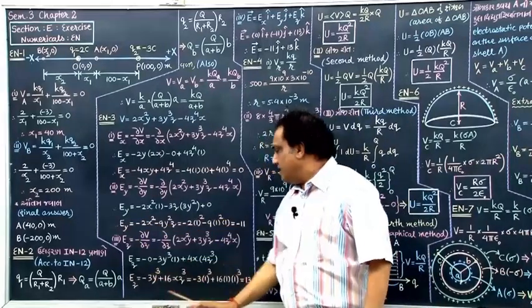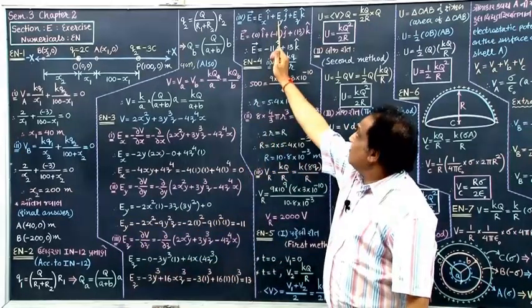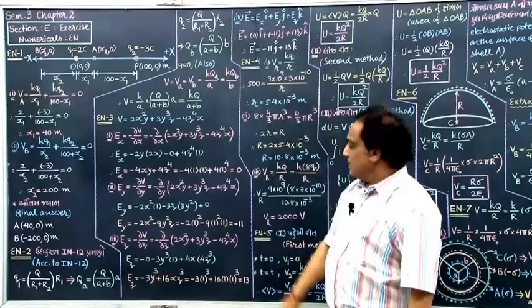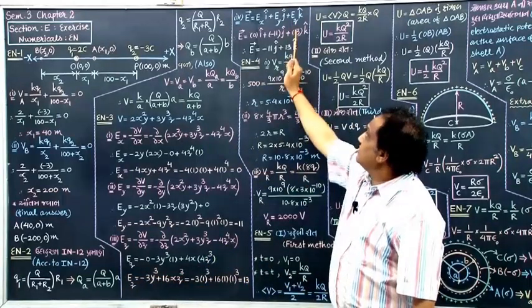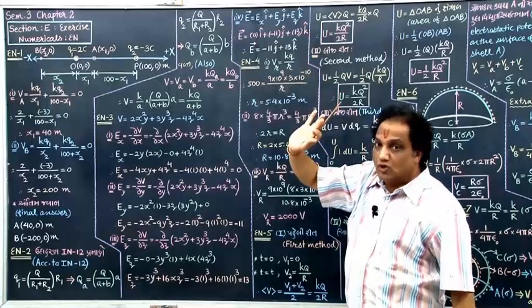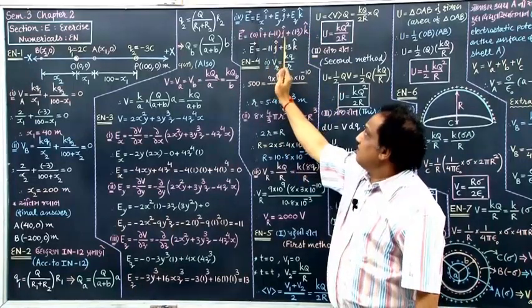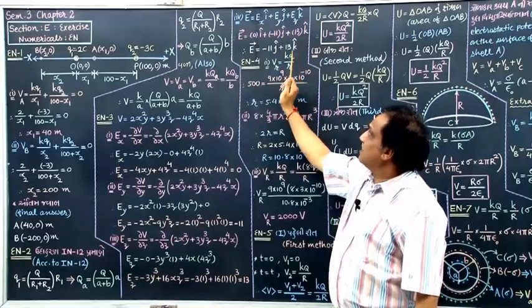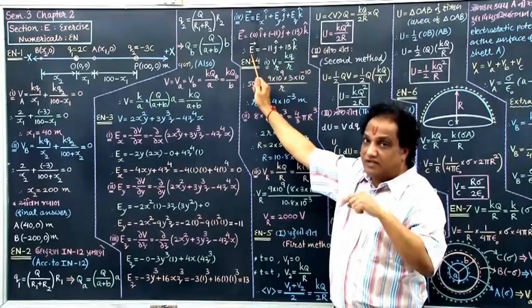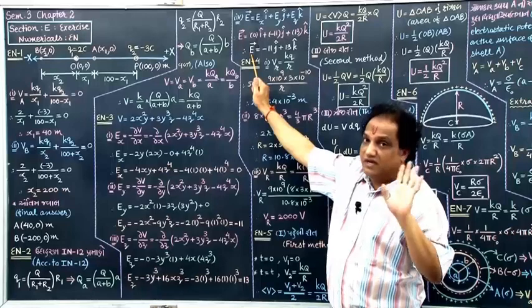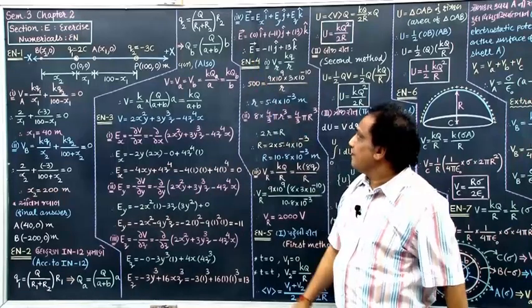Ey has come out to be minus 11. And what about Ez? Ez has come out to be plus 13 into k hat. So altogether it is minus 11 j hat plus 13 k hat, correct? This is the vectorial form of the electric field in the present case, which is the final answer, okay?